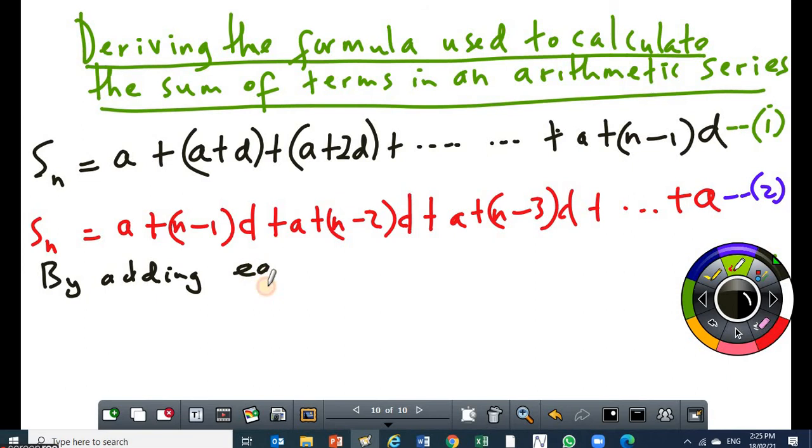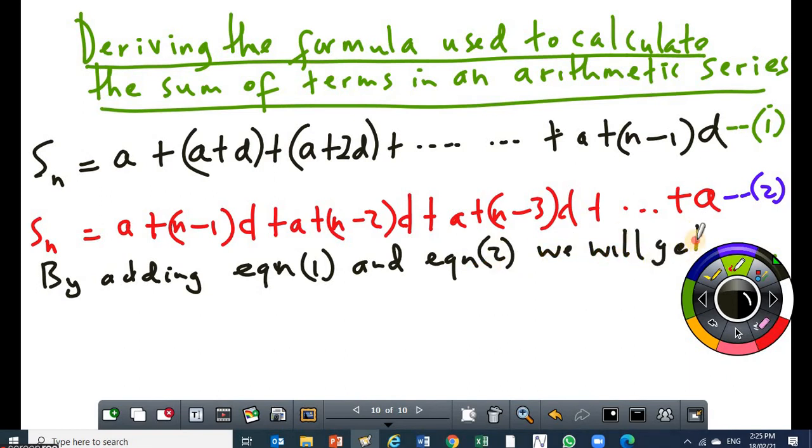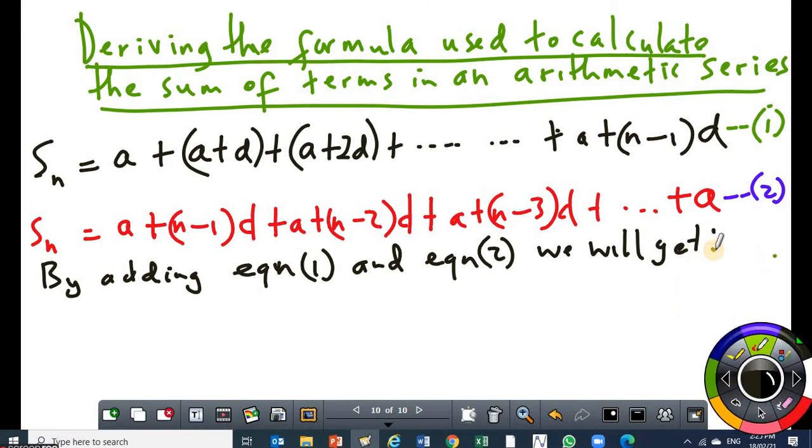So by adding equation 1 and equation 2, we will get, make sure you pay attention now, this part we need a bit of algebra.